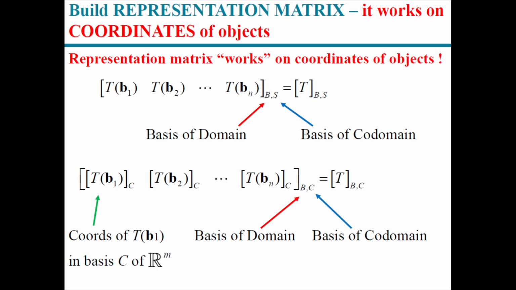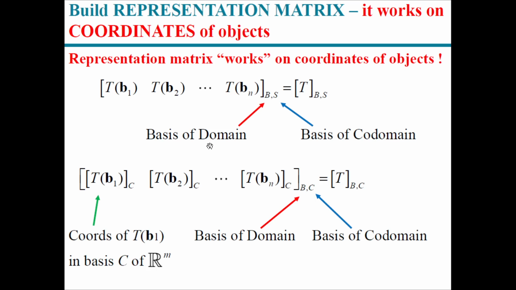Now we can complicate things a little bit, so I copied this from the previous slide just to make the contrast here. If I am building a representation matrix relative to basis B for the domain and some basis C for the codomain, so C is not the standard, it's a different basis, what do I do?